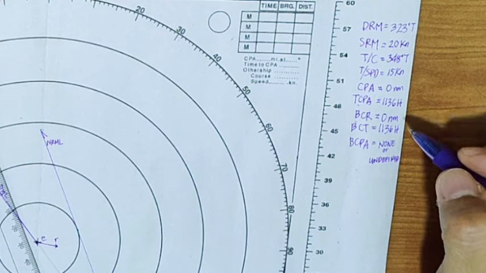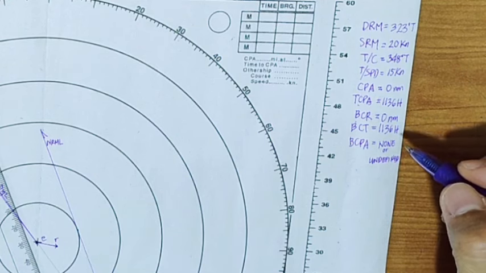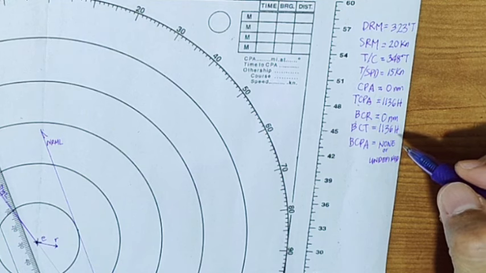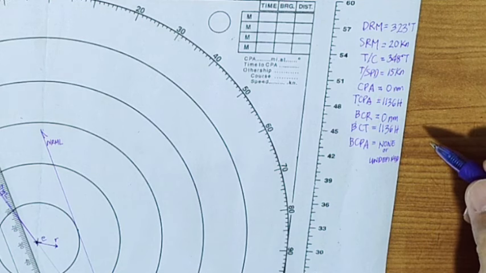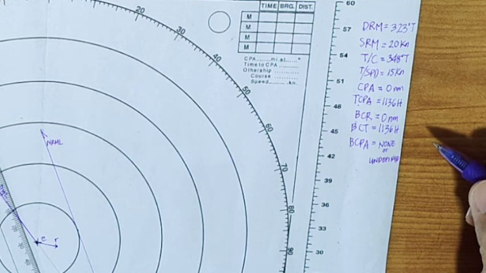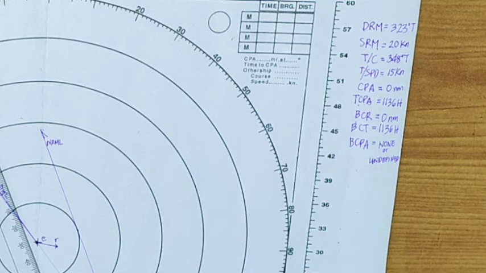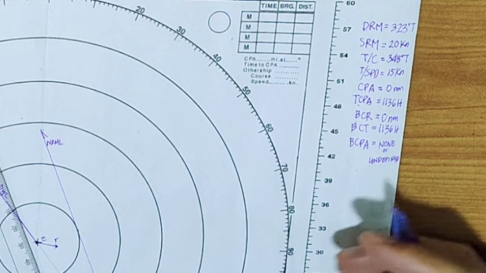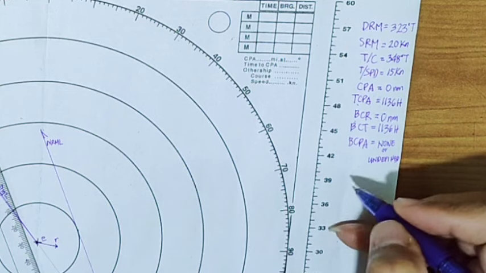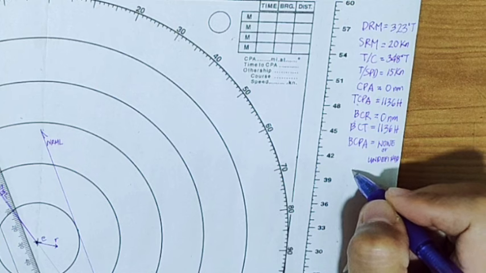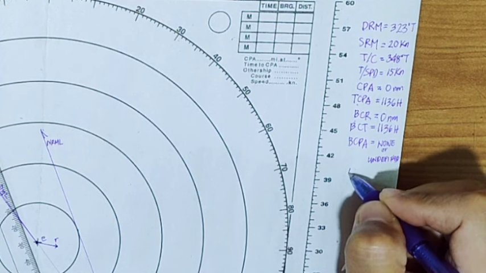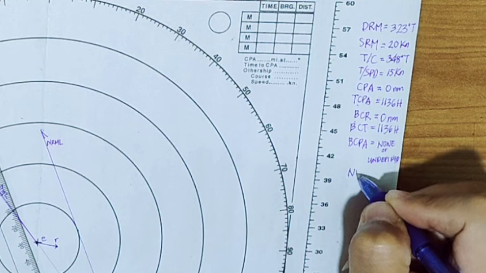BCPA is not 143 degrees or the bearing of the targets. Although the ship is coming from there, it is not, because the rule is it should be perpendicular to the new RML in this case. Remember that the BCPA is measured in a perpendicular line with the RML, that is 90 degrees from the RML. So you cannot apply this rule. That's why this is undefined.